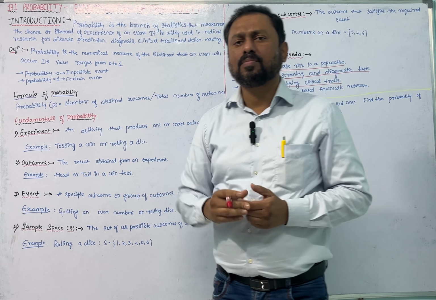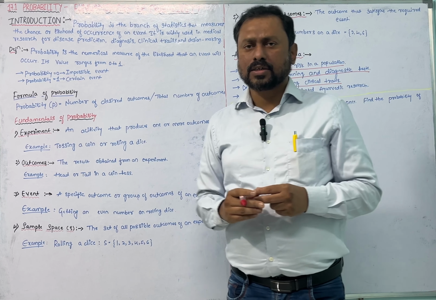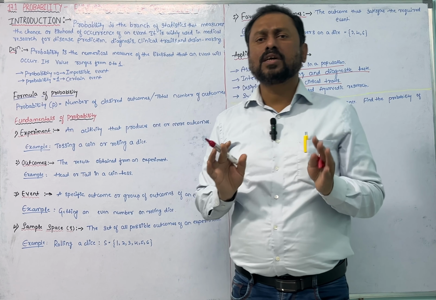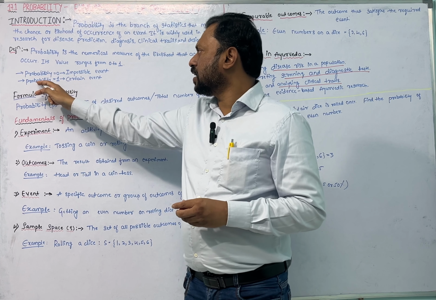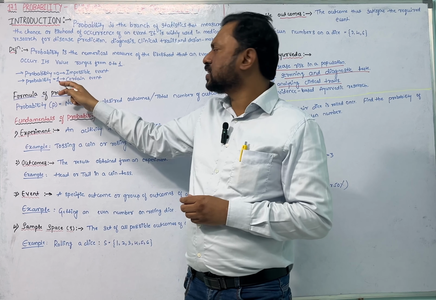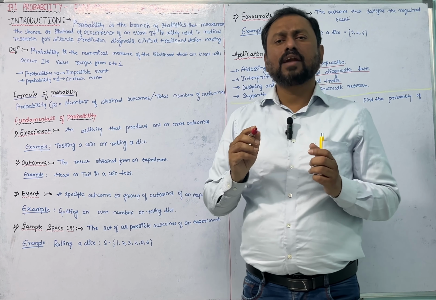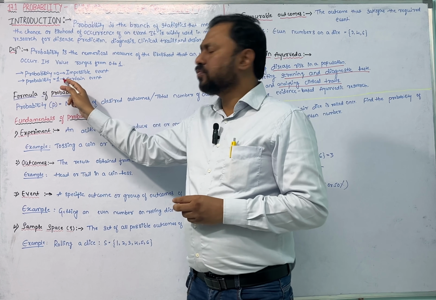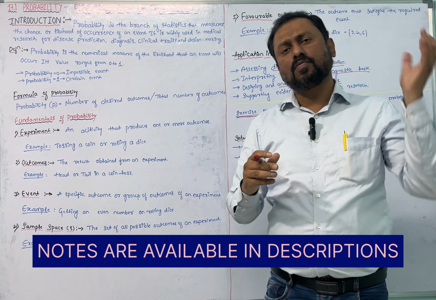I will give an example: the sun rising from the east. This is 100% probability, a certain event happening. The 100% we denote as probability 1 here. And another one is the sun rising from the west.